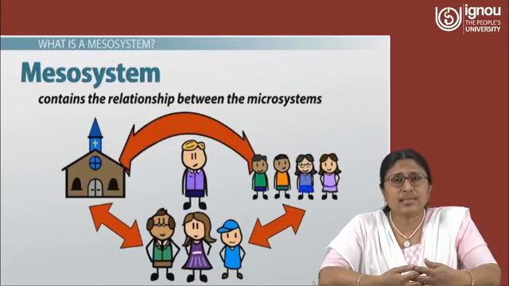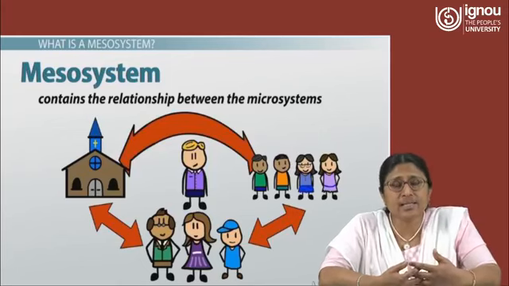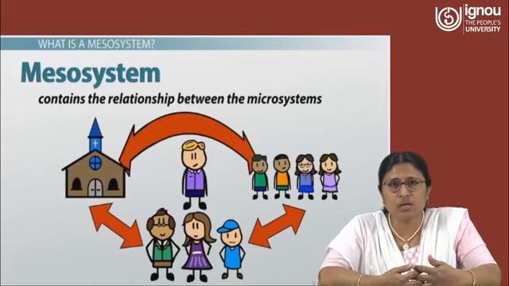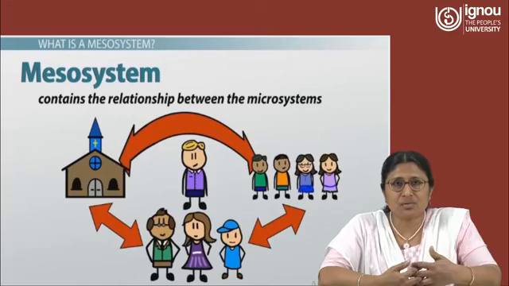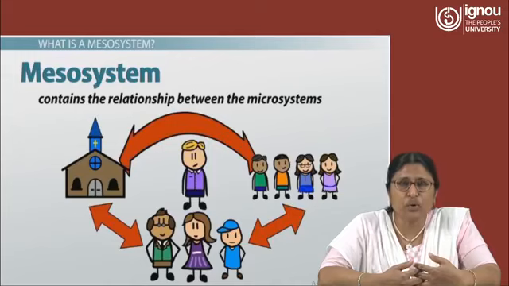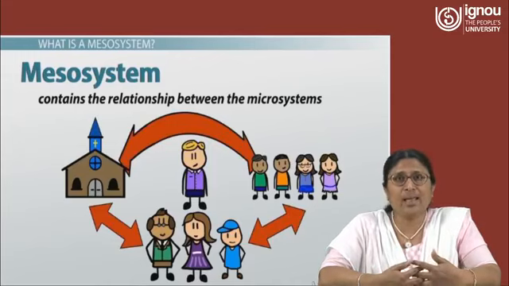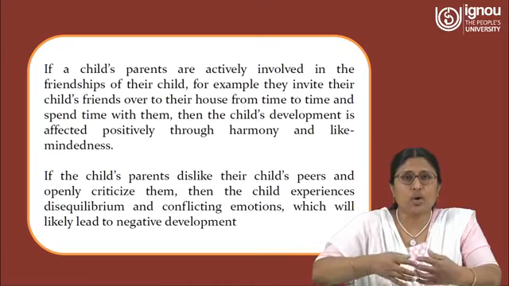You can see on the screen how the Meso System looks. It contains the relationship between the microsystems: the linkage between the family and the child first, and the child and the peer group, the child and the neighborhood areas, the child and the community. In this way the linkage is going on.